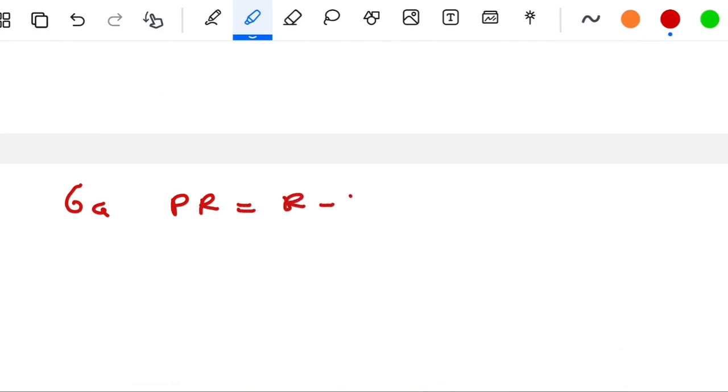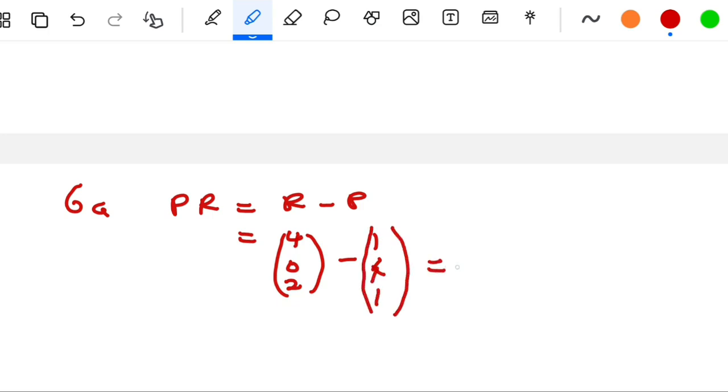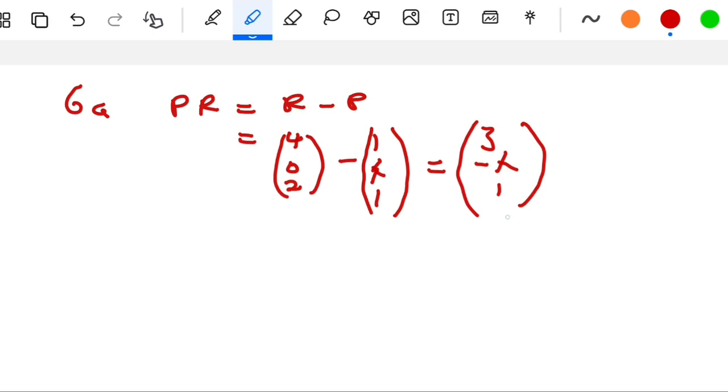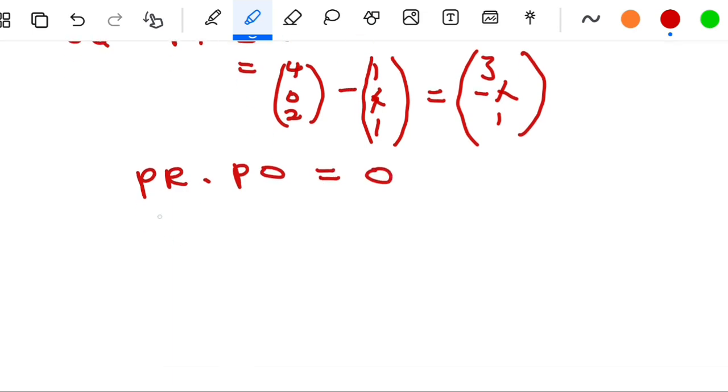PR equals R minus P, which is equal to 4, 0, 2 minus our P, which is 1, lambda, 1. Then it's going to give us 3, negative lambda, 1. Now if we say PR dot PO is going to give us 0, just like I was explaining, it's 3, negative lambda, 1 dot this one times negative 1, because what we're given is OP.